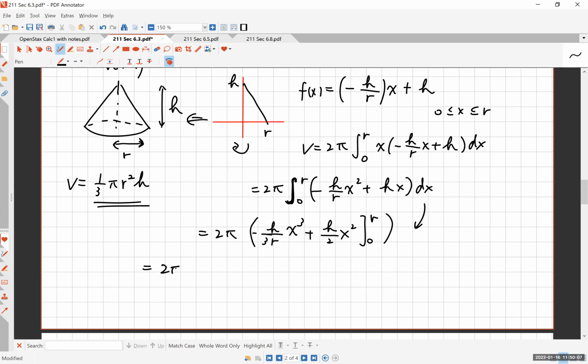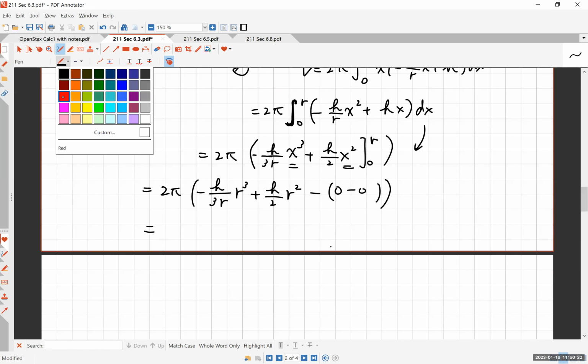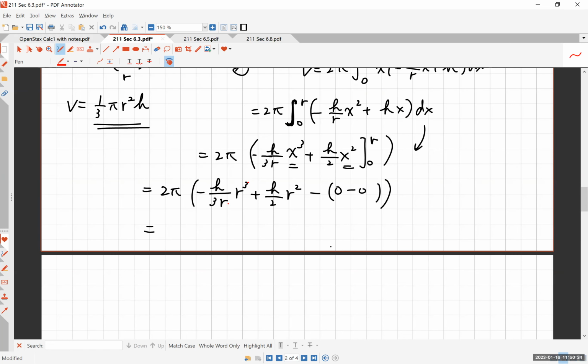Okay, so it's 2 pi, and then you have negative h divided by 3r, but then you have r cubed. Okay, we will get rid of certain things here. And then this is r squared. And of course, minus 0, right? When you plug in 0 here, you just get 0, so you don't have to worry about that part. And I see that I have r here, and r squared is what's left here.